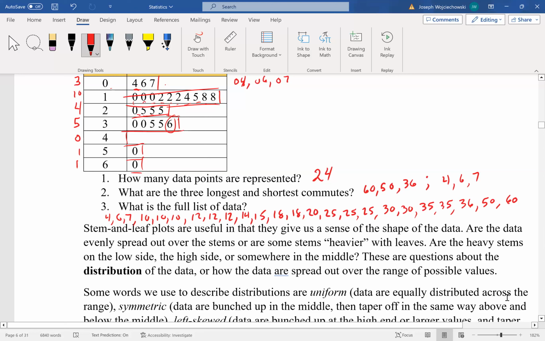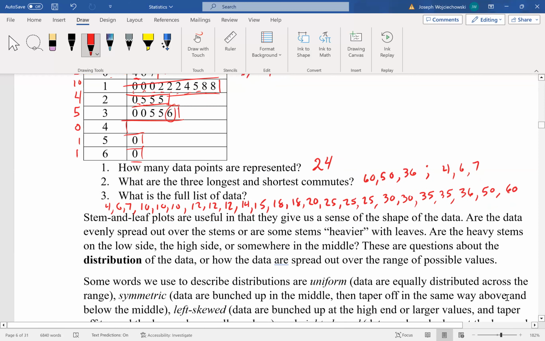Stem and leaf plots are useful in that they give us a sense of the shape of the data. Are the data evenly spread out over the stems, or are some stems heavier with leaves? Are the heavy stems on the low side, the high side, or somewhere in the middle? These questions are about the distribution of the data, or how the data are spread out over the range of possible values.